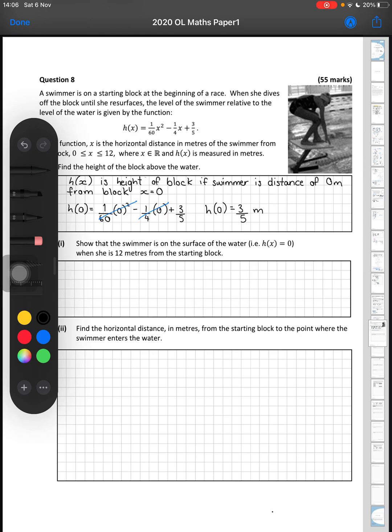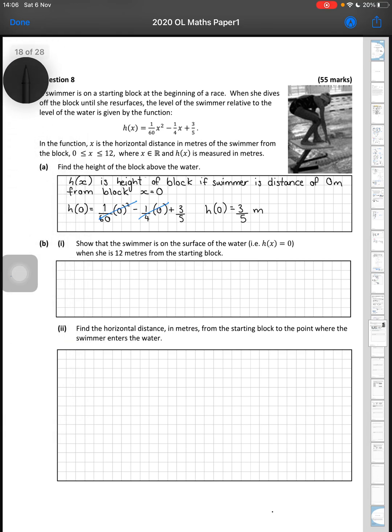Anything multiplied by 0 just gives me 0, so the height is going to be 3 over 5. So the block is 3 over 5 meters above water.